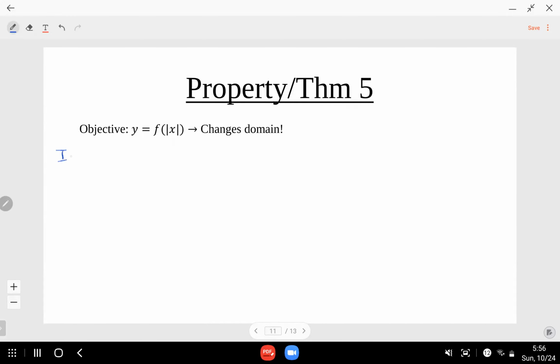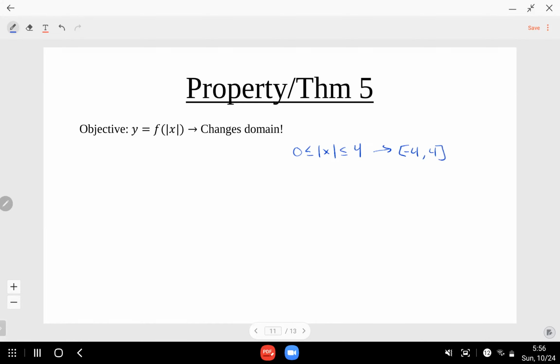So if you're going to do the absolute value, the domain is going to change too. Let's say we have this inequality, that would yield -4 to 4.